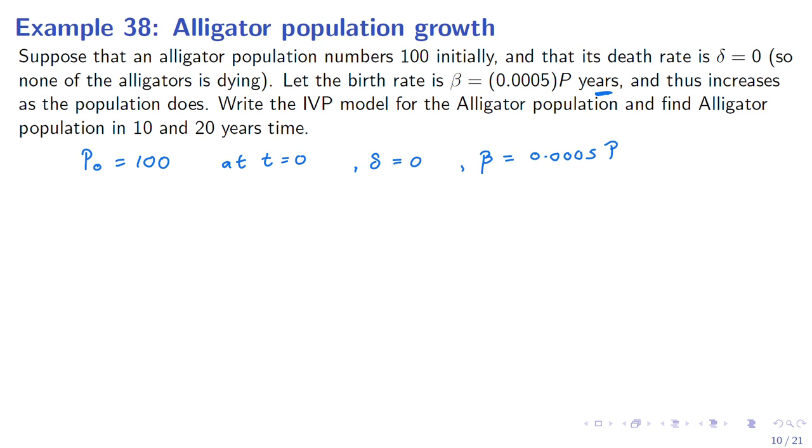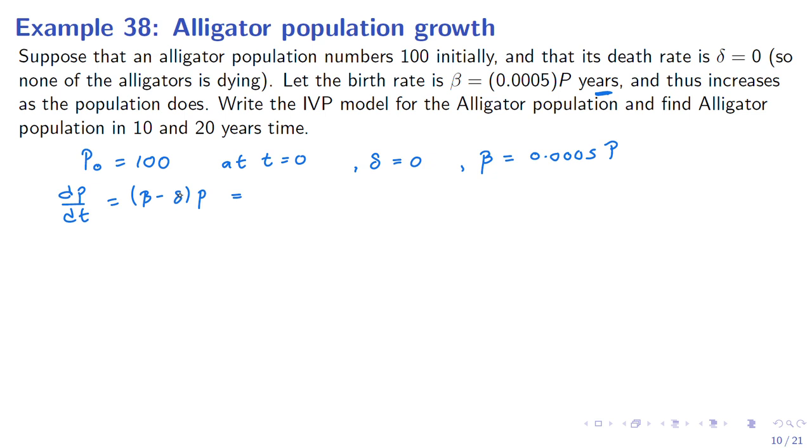Okay, so we can write it down. dP/dt is beta minus delta times P, right?